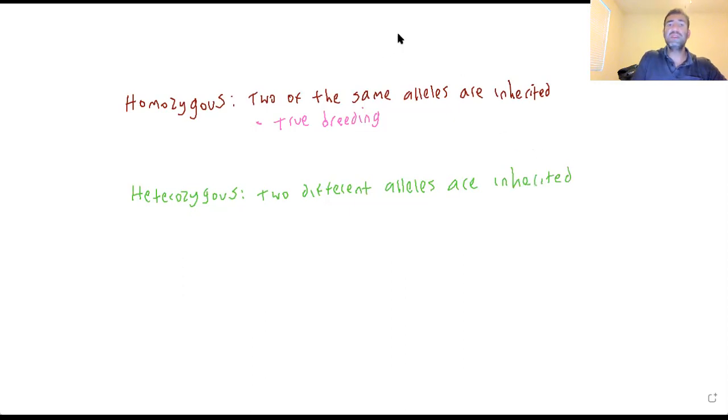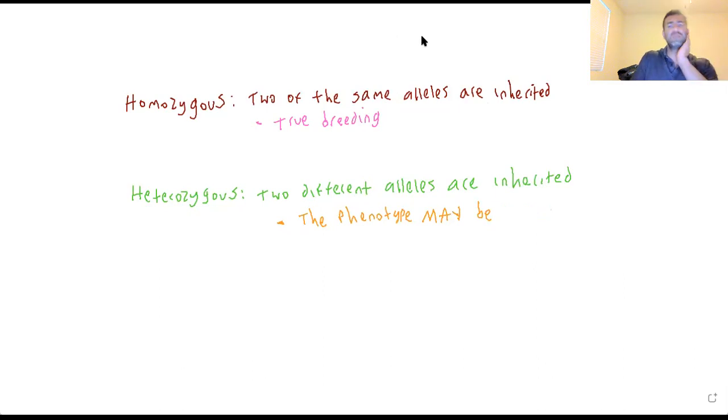Now, what this means is that if an individual inherits two different alleles, the phenotype may, is the key word, may be a new one.